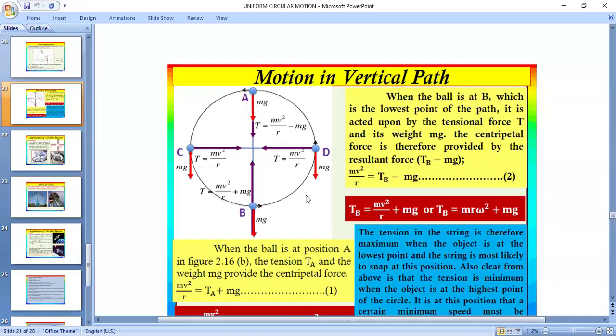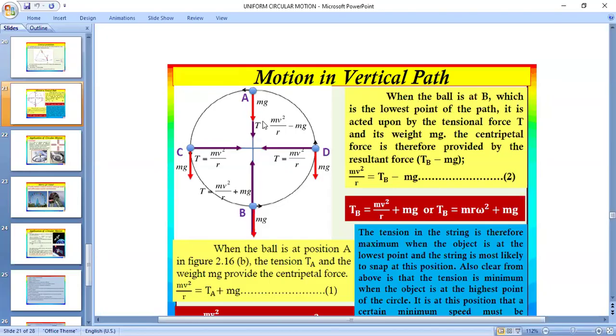So many questions can come from here. A stone is whirled in a vertical circle. State the position at which the rope is likely to snap. Then you say it is at the bottommost part. Give reason. This is the position where the rope experiences the highest tension. Another question. Calculate the minimum velocity at point A for the rope to remain taut.